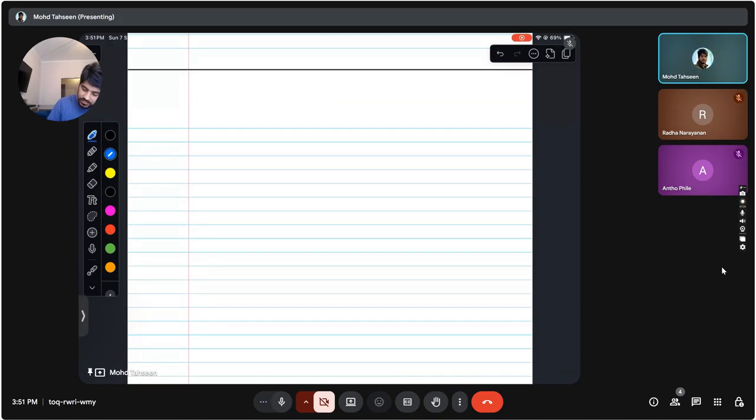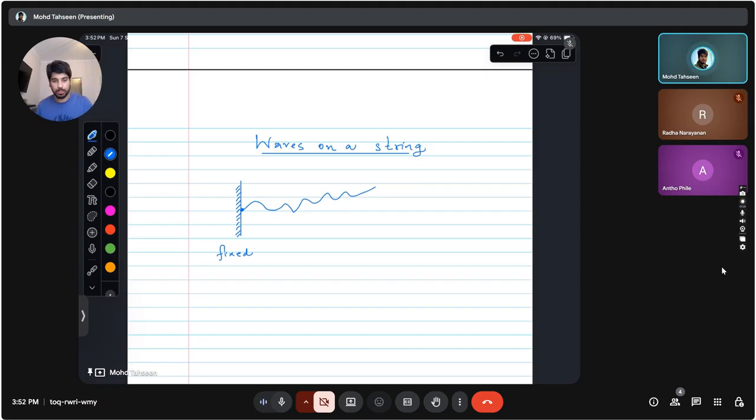Before that, let's have a look at a picture which we are more comfortable with. This is the situation of waves on a string. Right, waves on a string. So if there is a string which is connected just at one end, fixed here rigidly, and let's say the rest is free to do whatever we want it to do.